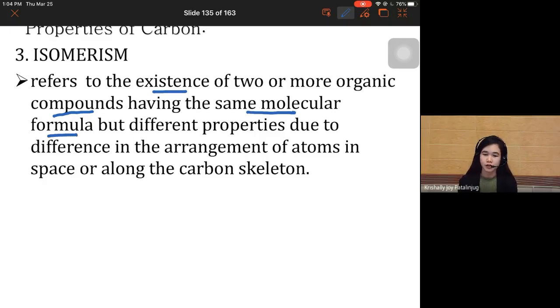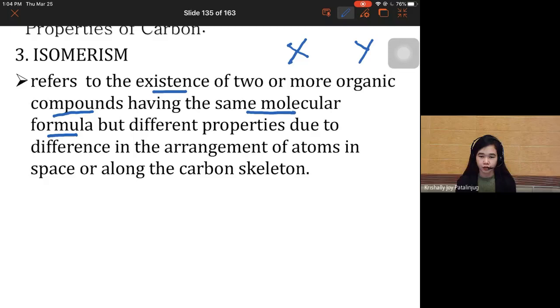When we say the same formula, the compounds have the same number and the same kind of atoms present in the molecule. Let's say, for example, this is the first molecule and then the second molecule, an X and a Y molecule.